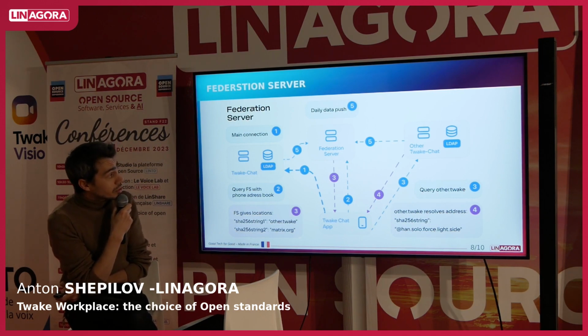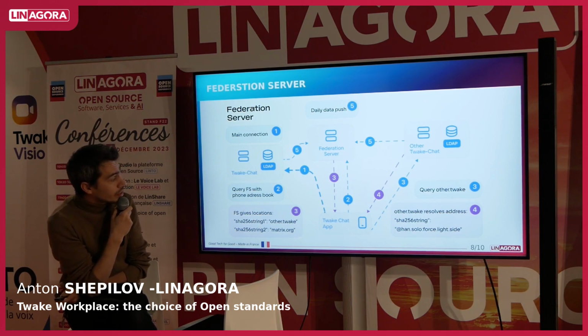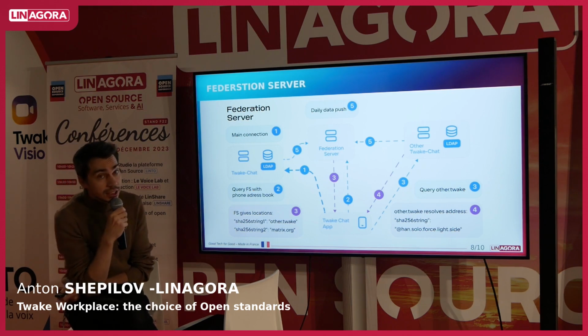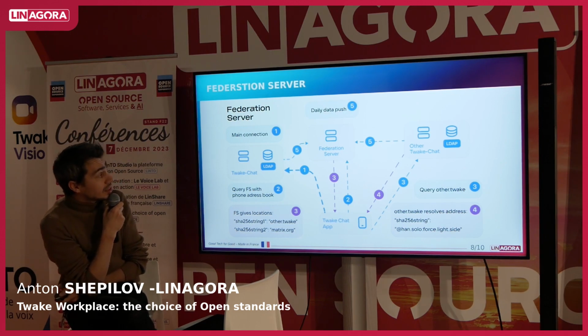So we proposed an extension of the Matrix protocol, where you can have your contacts from your mobile phone. You can consider this federation server as a global phone book, a global contact list, but distributed and federated.